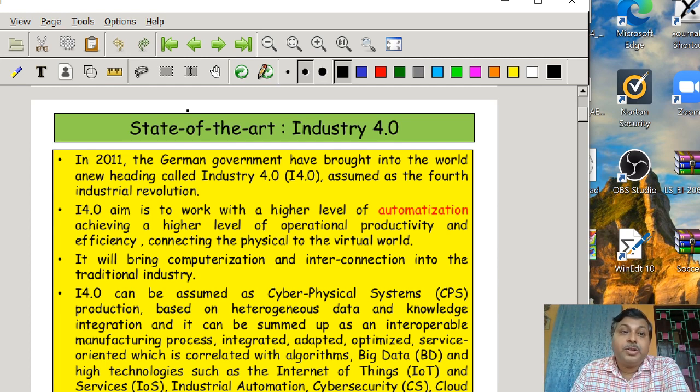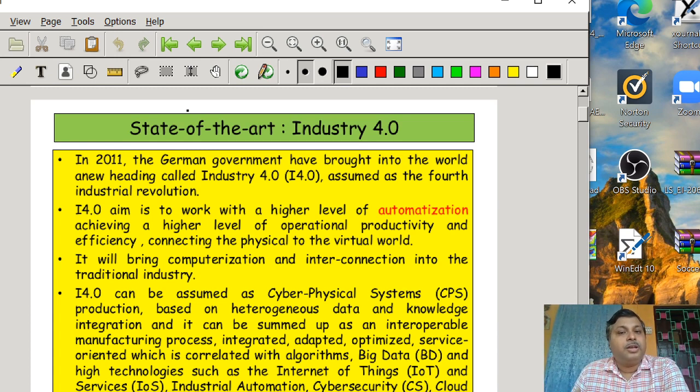In 2011, the German government brought into the world a new heading called Industry 4.0 or I 4.0, assumed as the fourth industrial revolution. Industry 4.0 aims to work with a higher level of automation, achieving a higher level of operational productivity and efficiency, connecting the physical to the virtual world. So it will bring computerization and interconnection into the traditional industry.